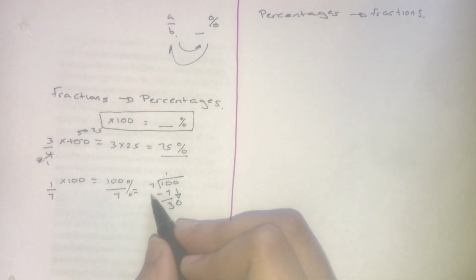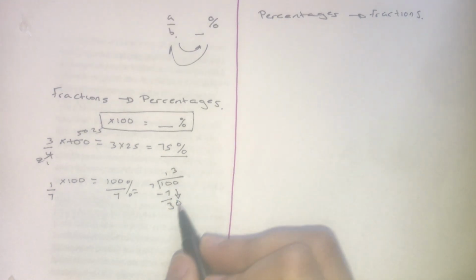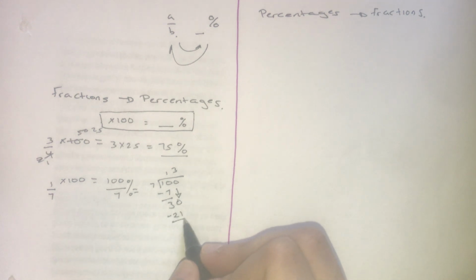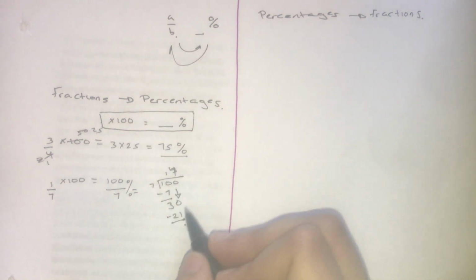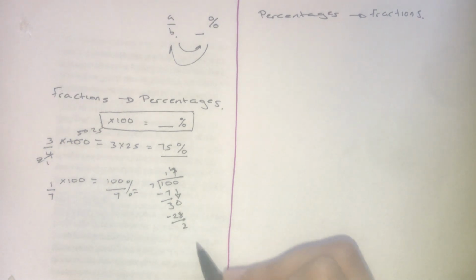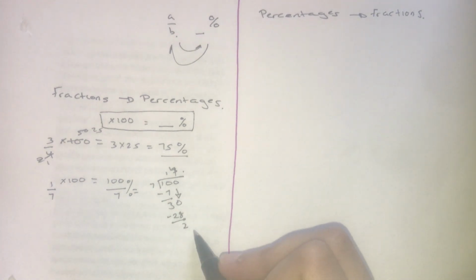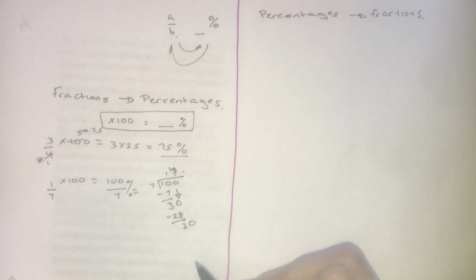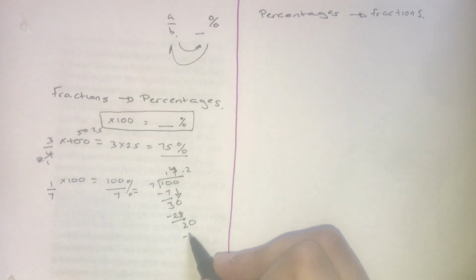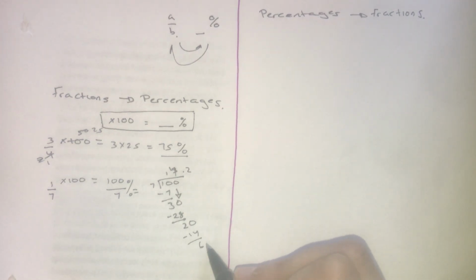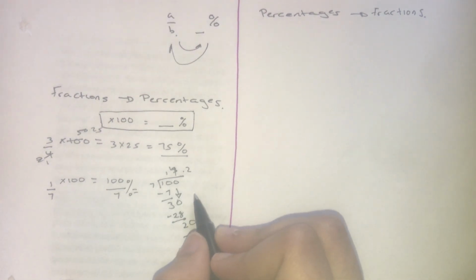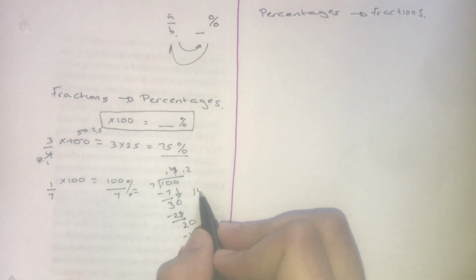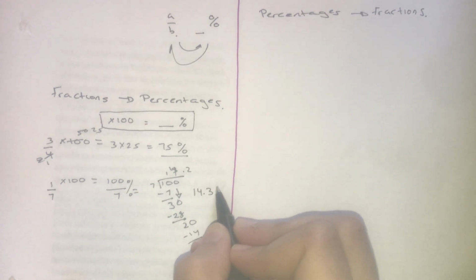Bring down 0, 20. 7 twos are 14, remainder 6. Then 60, and so on. If you round it off, you're going to get 14.3%.